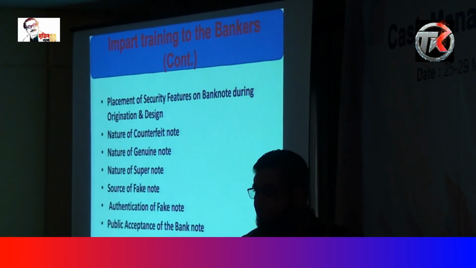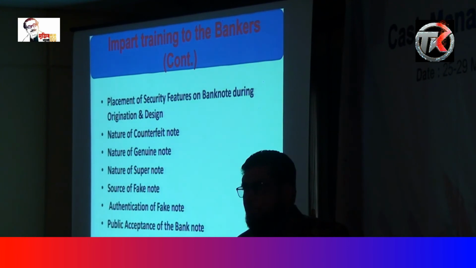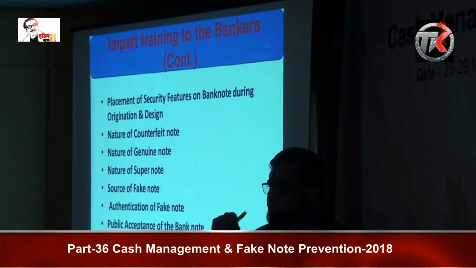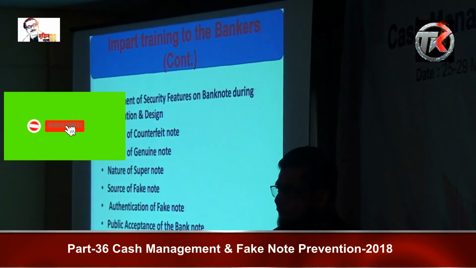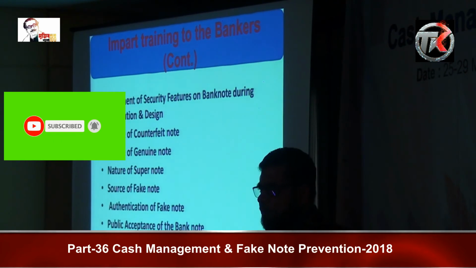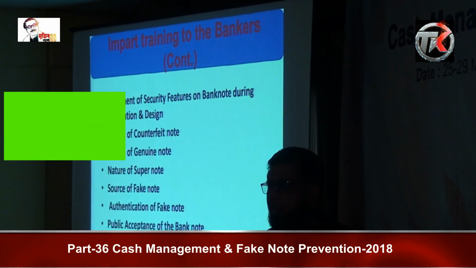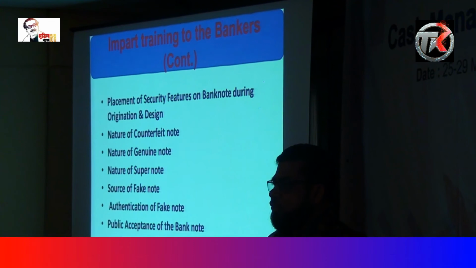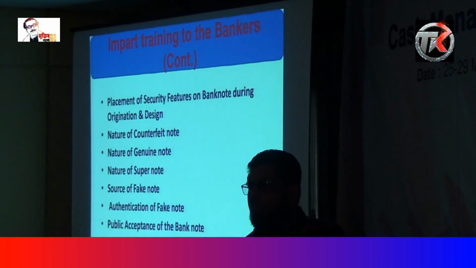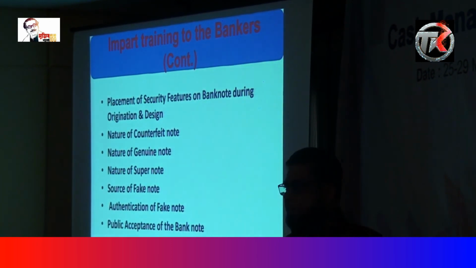So during the design you have to plan the placement of the features, what security feature should be in which place. So the banker should have the knowledge. Many countries I have seen, due to the placement, are not getting the benefit of the security features. So the banker should have good knowledge during design origination of how to place the features, which one should be in which place or area.